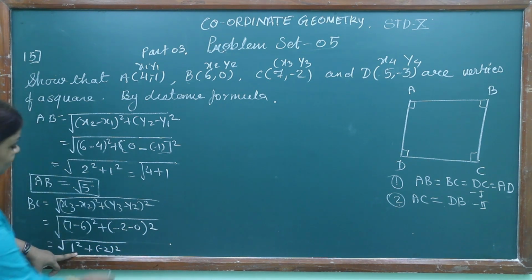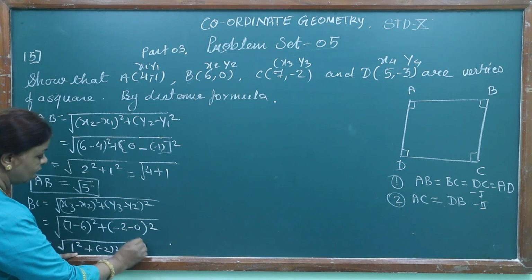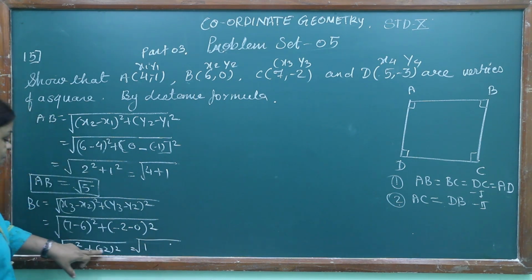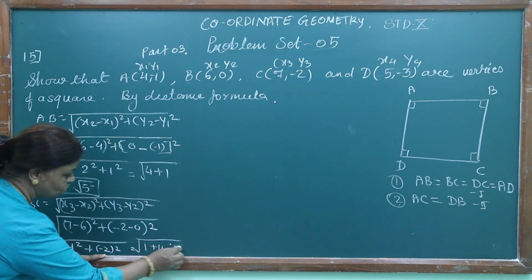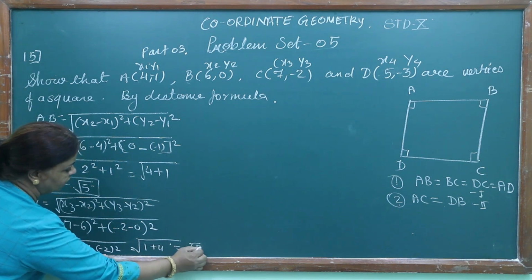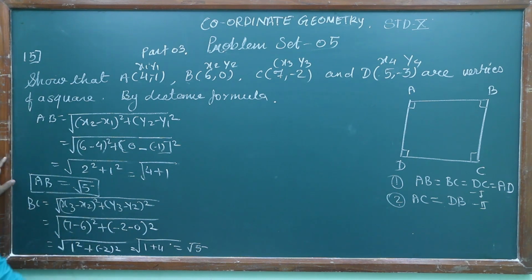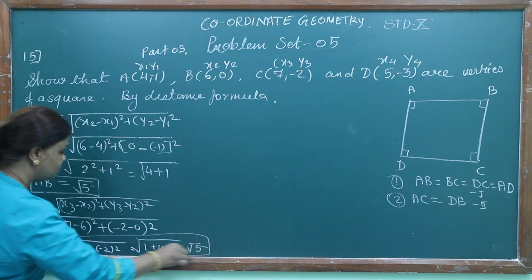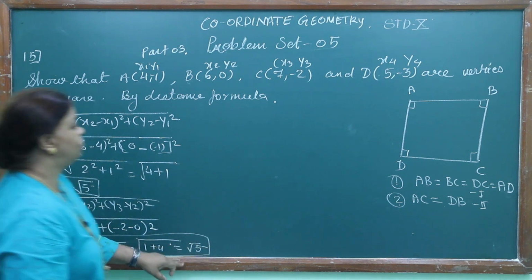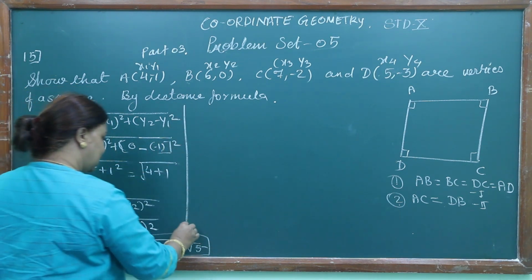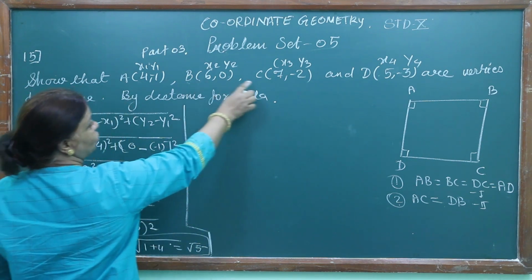So 1 squared is 1 under the root, plus minus 2 the whole square which is 4, that is going to be under root 5. So AB is also equal to BC, because BC is also equal to root 5. Let us now find CD.